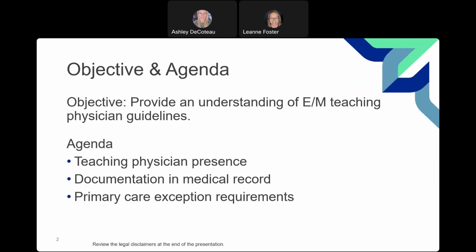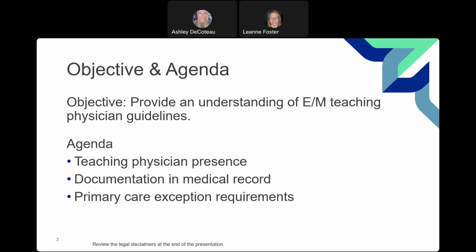So here we have our agenda for today. I'll be providing information on evaluation and management teaching physician guidelines, including the teaching physician's presence, documentation in the medical record, and the primary care exception requirements.